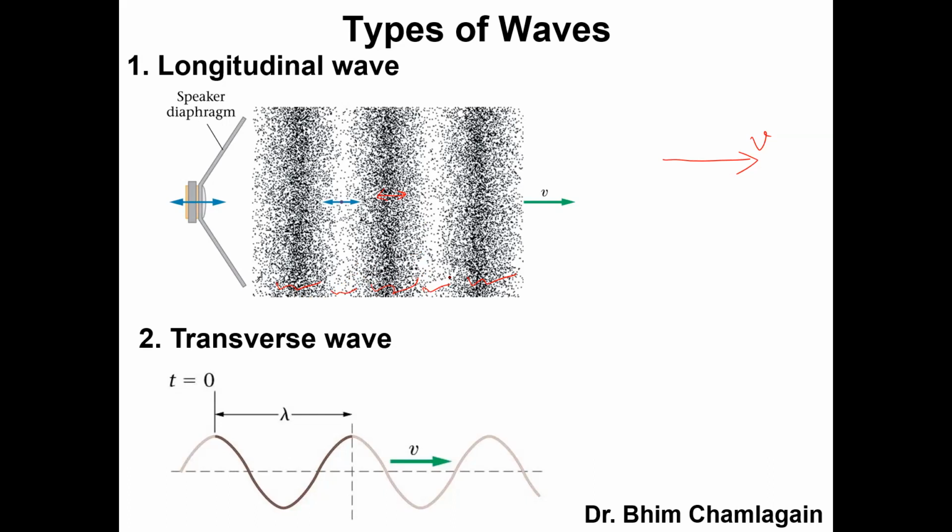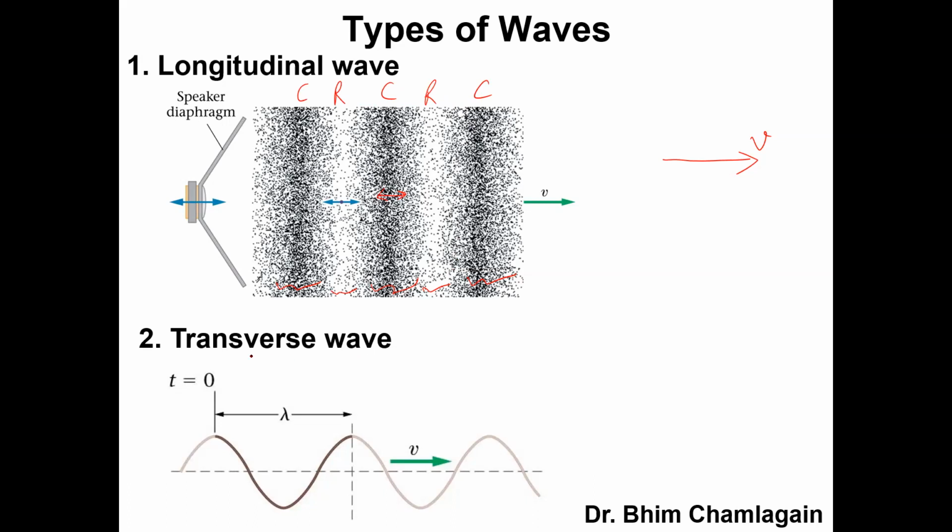The other region, where it is less dense and the molecules are going apart, is called rarefaction. So in this case, this is compression, this is rarefaction, compression, rarefaction, and compression. Compression and rarefaction actually occur alternately.